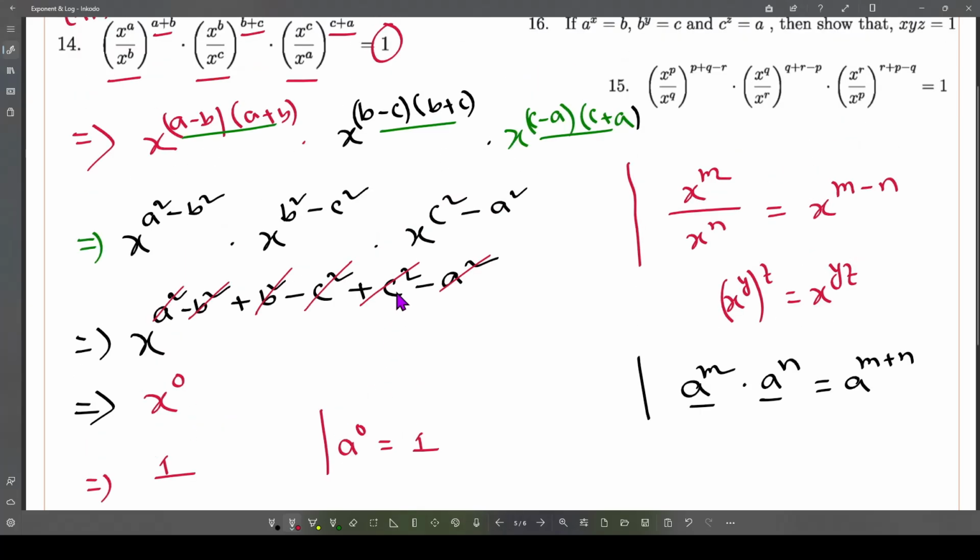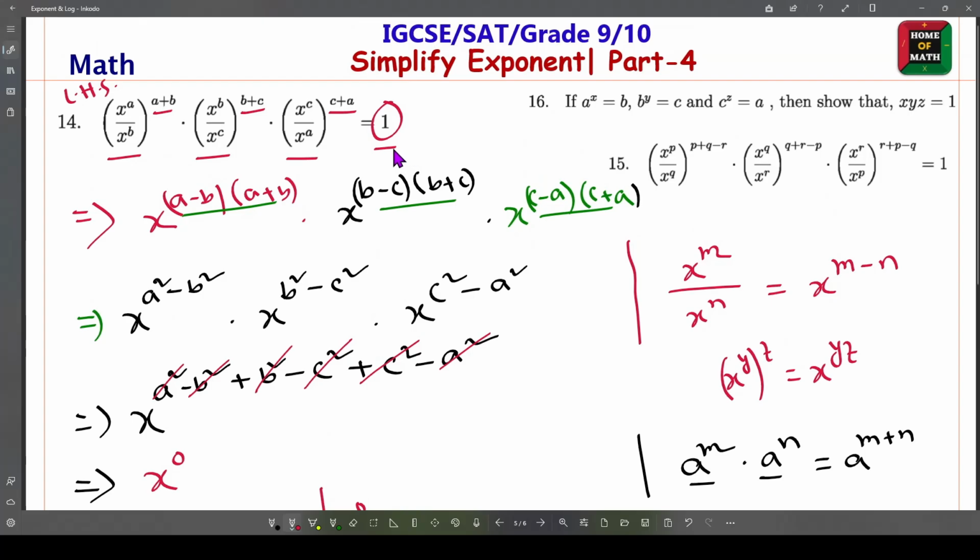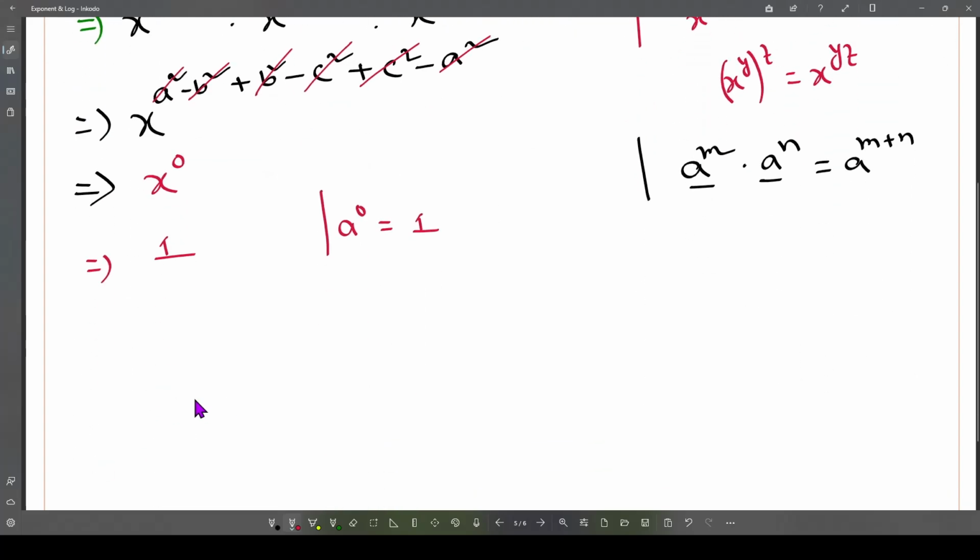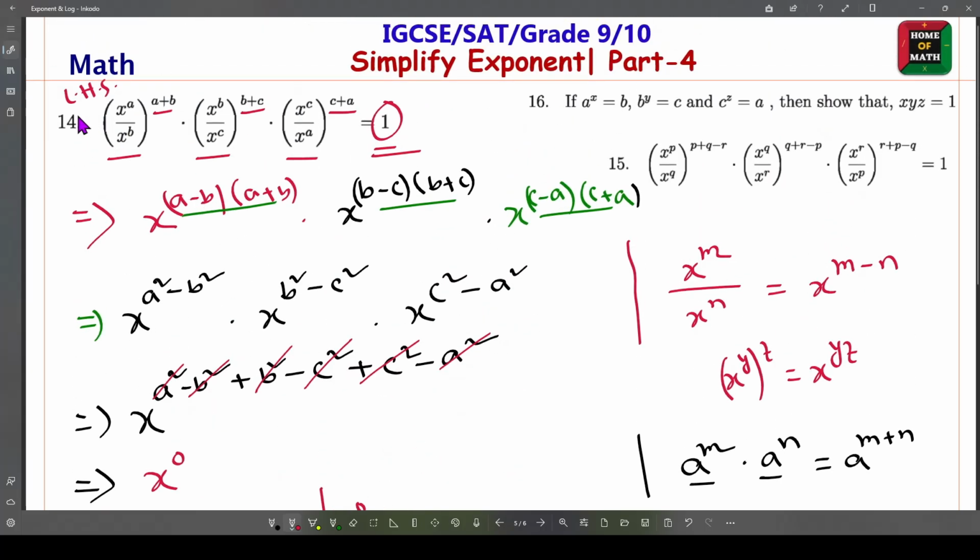Look, the right hand side is also the same thing, therefore we can say left hand side equals right hand side, and this is proved. Okay, so our first question answer, which is number 14, is done.